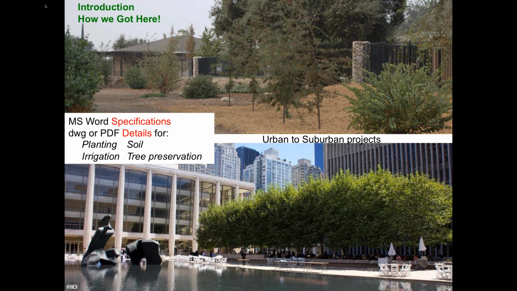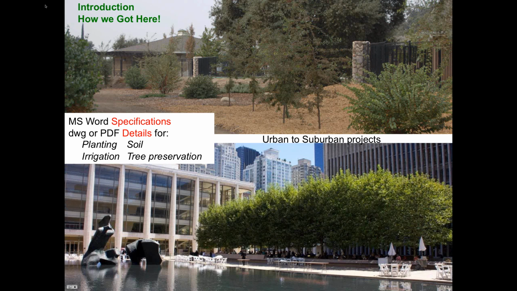And there's also a set of PDF details on the same download, so you can see what the details are supposed to look like. And as Lita mentioned, we're covering planting, soil for planting, irrigation, and tree preservation, the 4 areas that we have included.